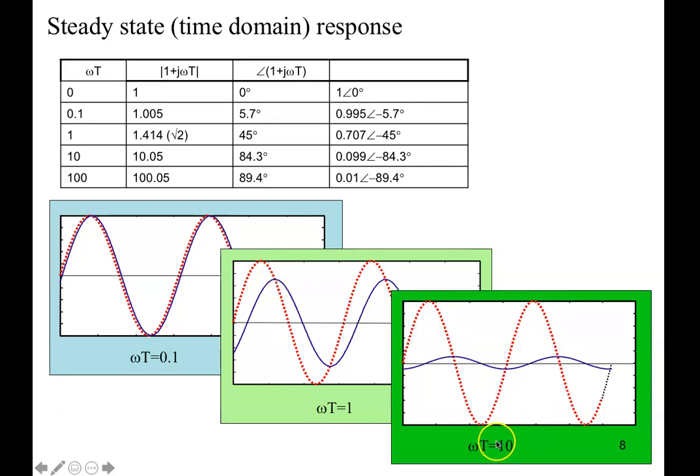Increase that frequency by another factor of 10. You can see at 10 radians per second, I have an AC gain of 0.099, or approximately 0.1. That's 10% of the input, with a phase angle of minus 84 degrees. So the output is roughly 10% of the input, but almost 90 degrees behind it.